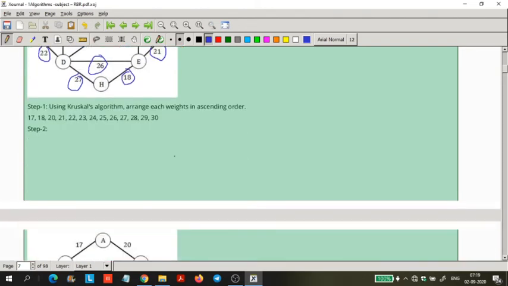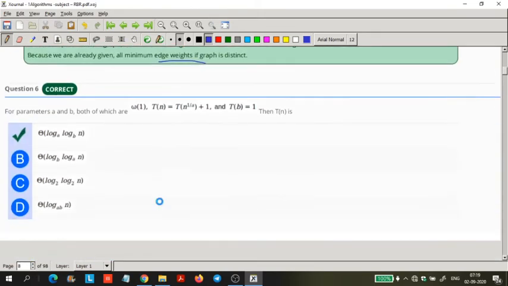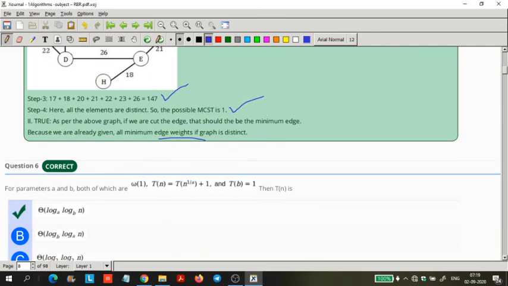So 28, 30. The minimum edge is still unique.